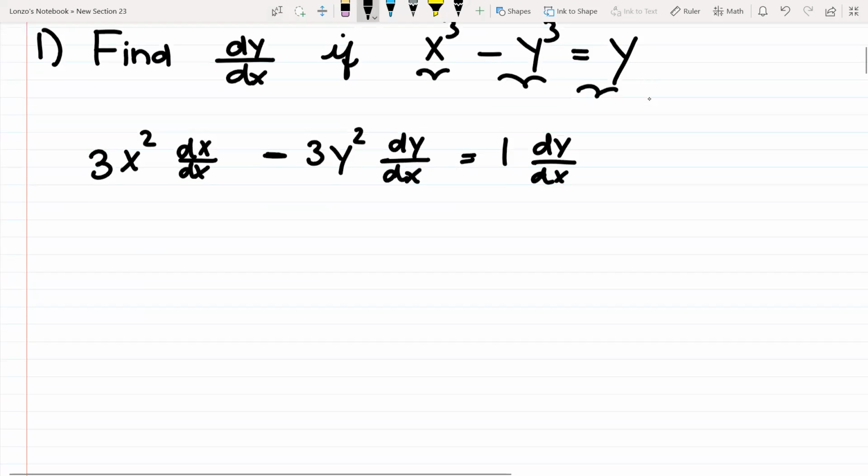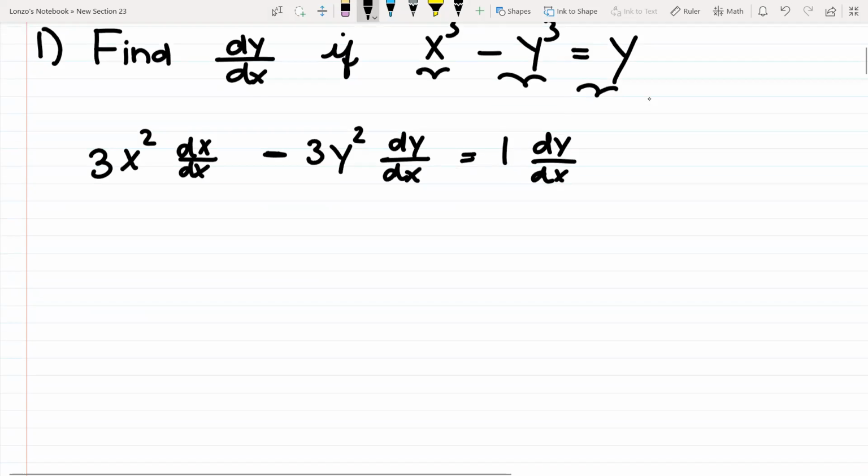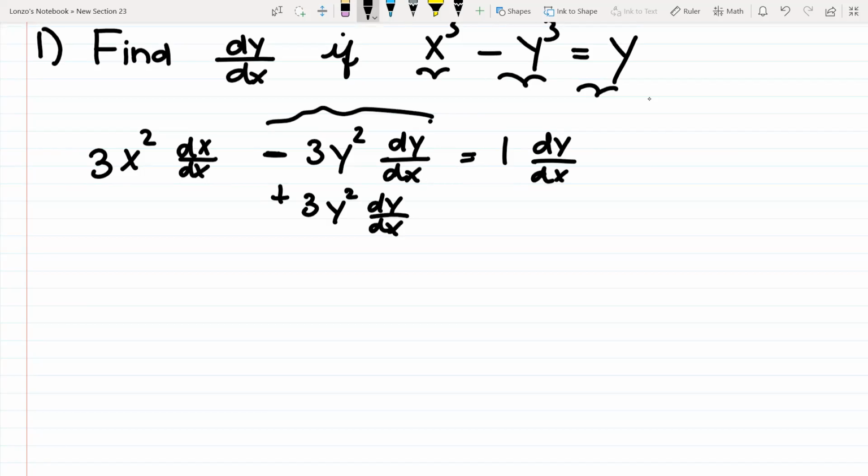Okay, so now we have to just get dy/dx by itself. What I would do is get anything with the dy/dx on one side and anything that doesn't on the other. So let's move this whole thing to the right because it has a dy/dx. So you're going to add 3y squared dy/dx. Okay, now I'm just going to rewrite it.